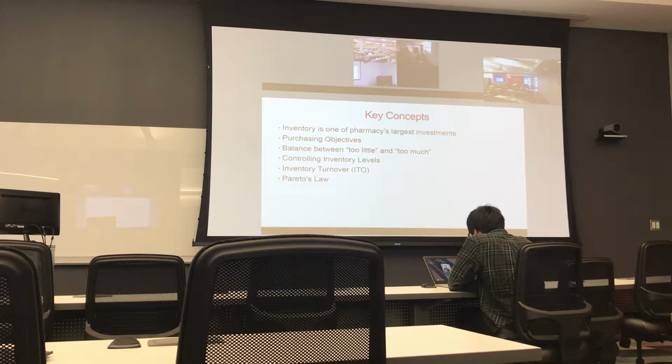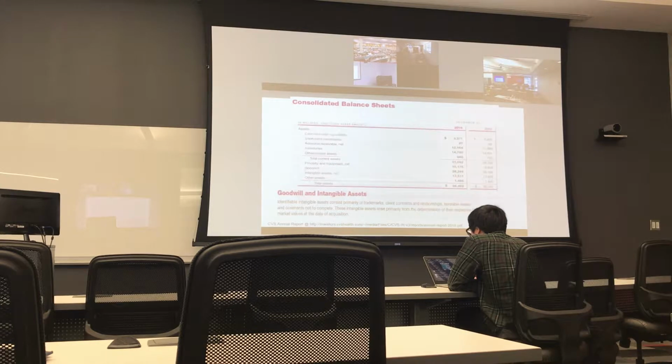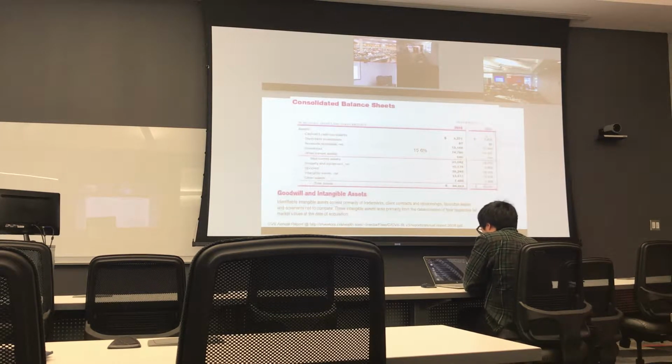And so this is from CVS a couple years ago, from 2016. So you see inventories were 15.6%. This is their consolidated balance sheet. And again, they show the horizontal analysis and year-to-year comparison. So they're showing all these numbers. And what do we know about this?